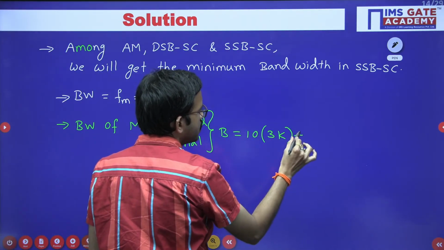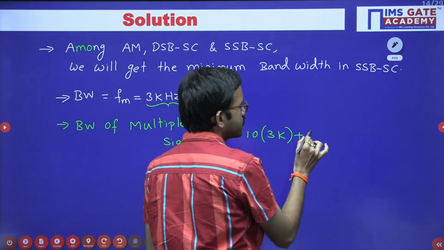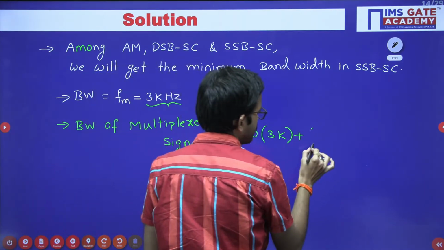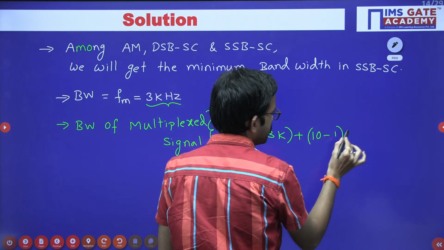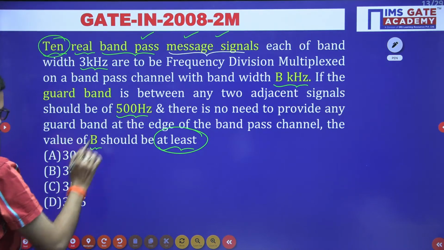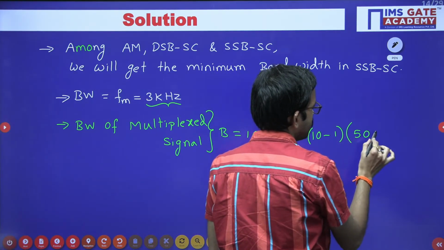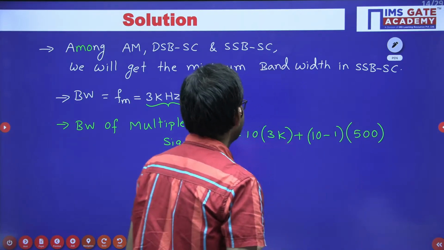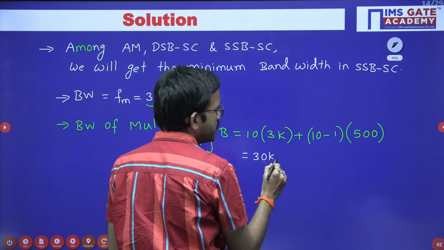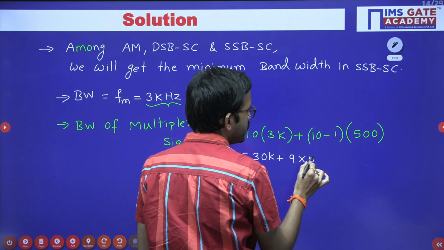Since you have 10 signals, we have to provide 9 guard bands, or 10 minus 1. The guard band they have mentioned is 500 Hz. So 10 into 3 is 30k, plus (10 minus 1) which is 9, into 500.